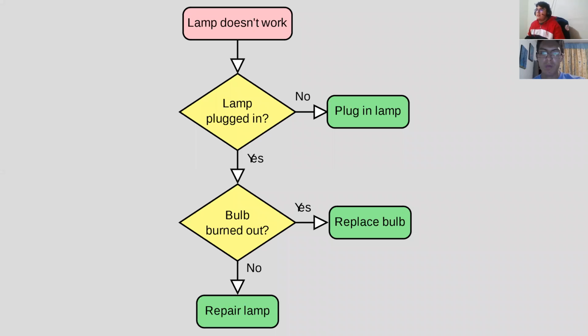But if the answer is yes, it still doesn't turn on, and it is connected to another decision or question. The next decision asks if the bulb is blown. If the answer is yes, then the bulb is replaced. But if the answer is no, then the lamp is sent to repair.